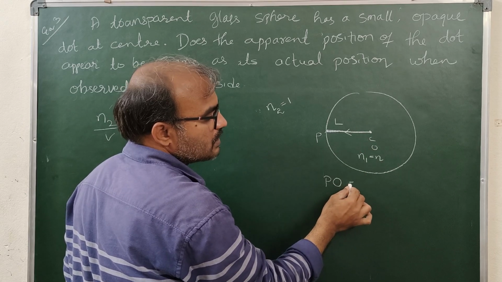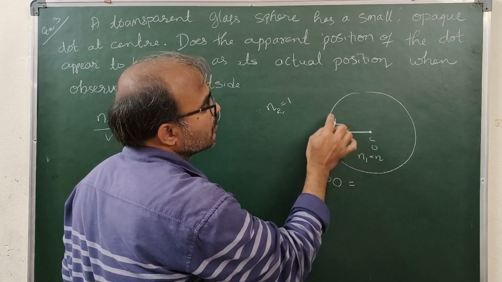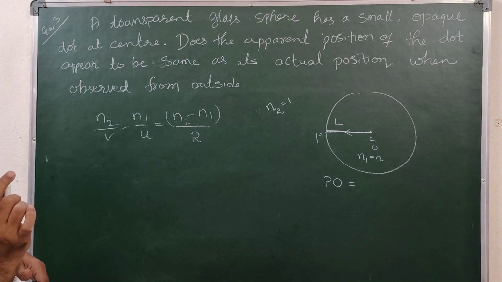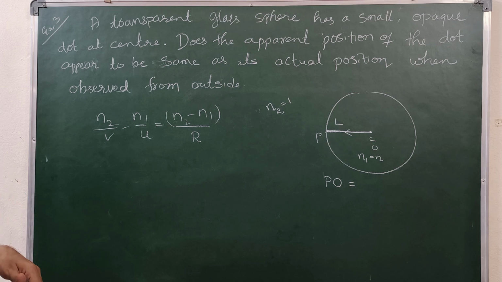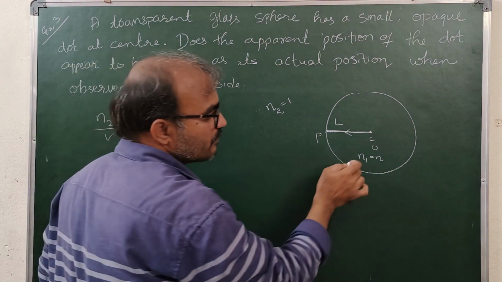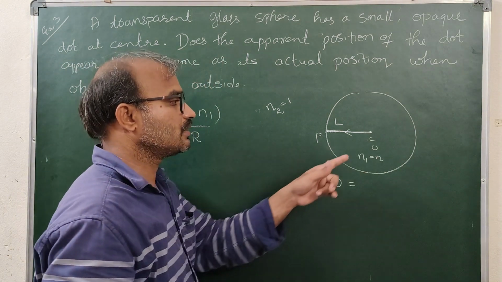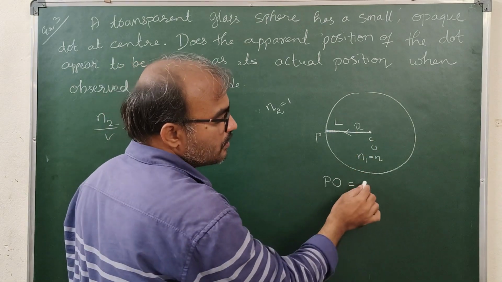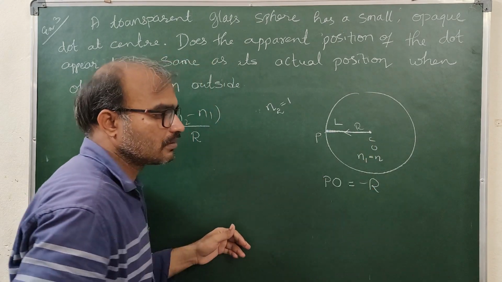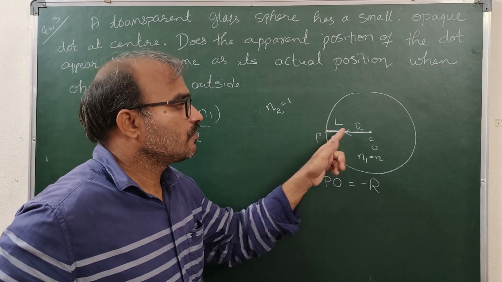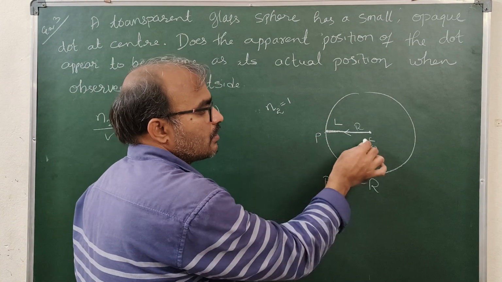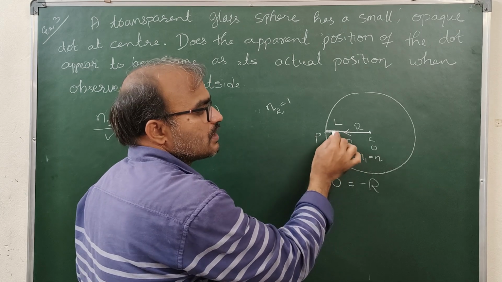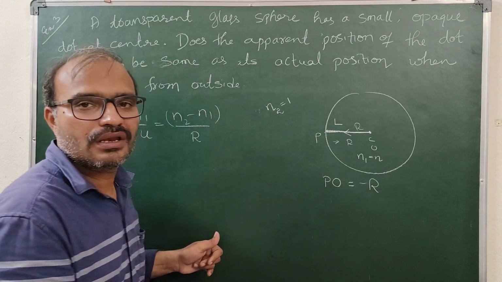The object distance is not given, so let the radius of the sphere be R. Then PO will be minus R. P to O is towards right, while the incident ray direction is towards left.